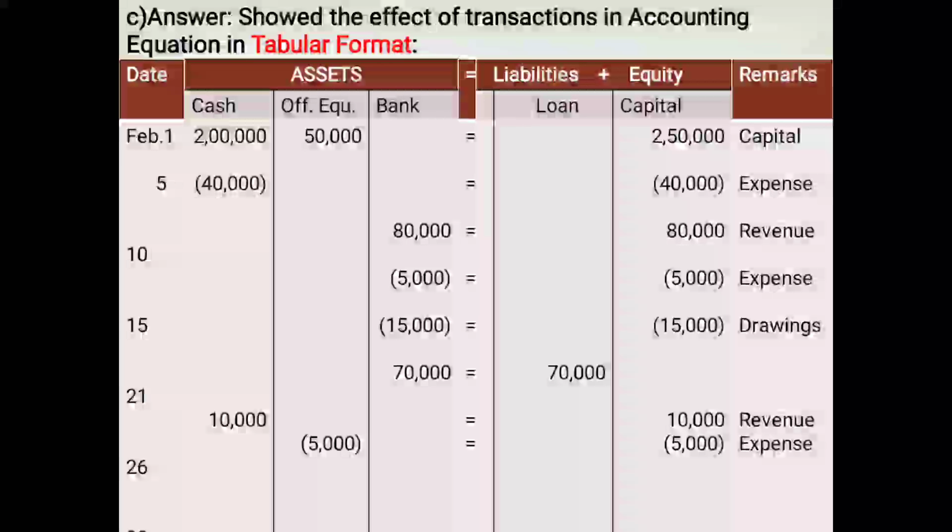Dear students, I have already completed the model question of transaction. I have given the 2 solutions. Now it is time to give the creative question for you to practice at your home.